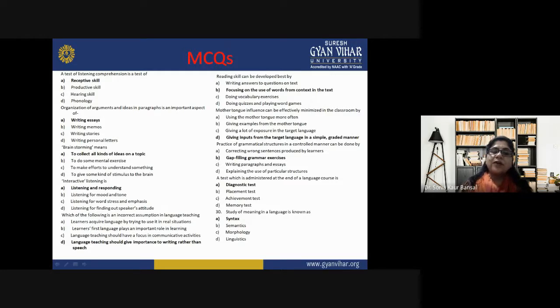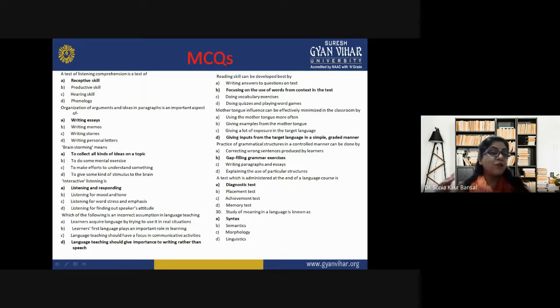Next, organization of arguments and ideas in paragraphs is an important aspect of writing essays, writing memos, writing stories, writing personal letters. Yes, it is about writing essays, when we organize the arguments and ideas in paragraph form.